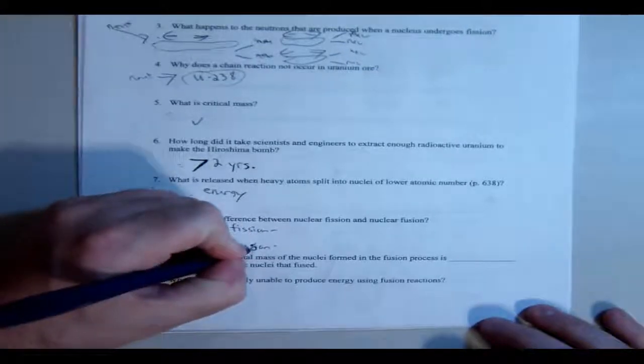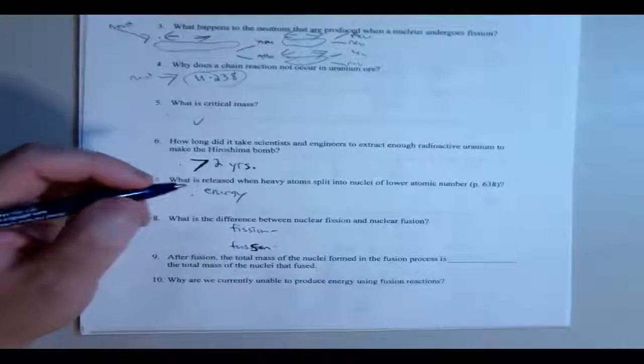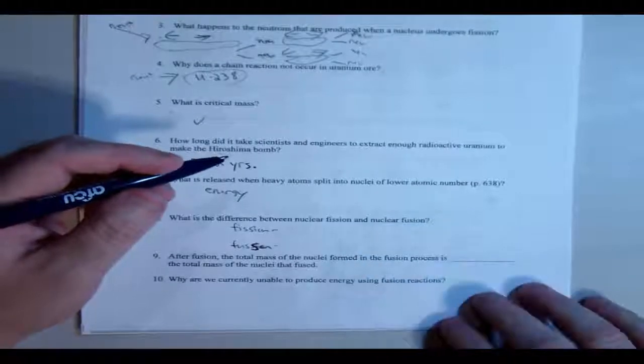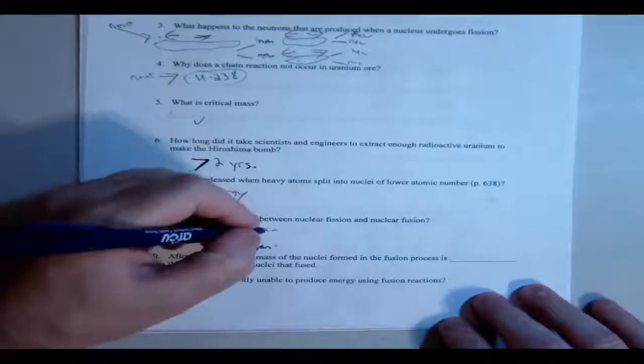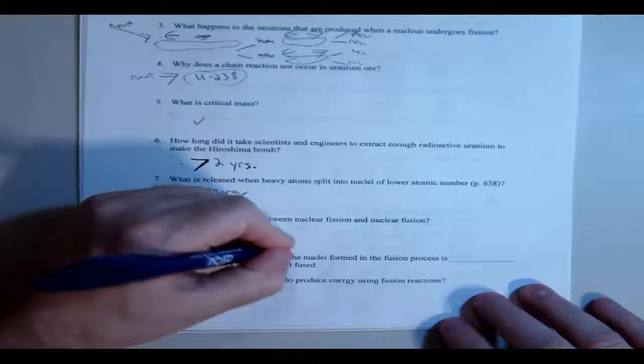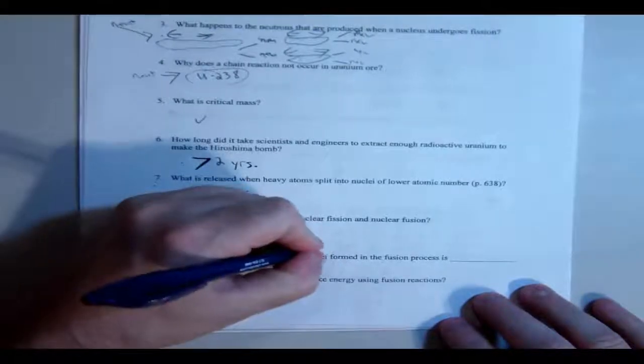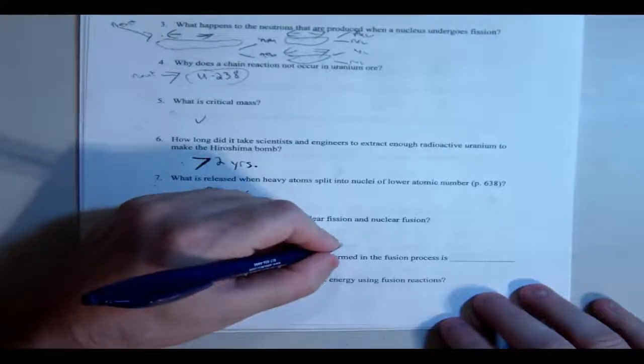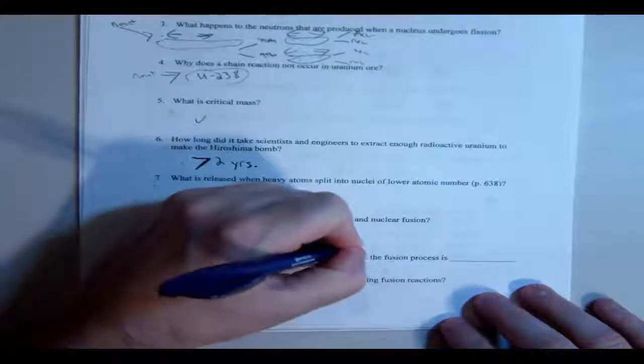So, let's do fusion first. Fusion, oh, I always mess that up. It's only got one S. Fusion is like fusing bones together, or like fusing metal together. Fusion, light nuclei fuse together.